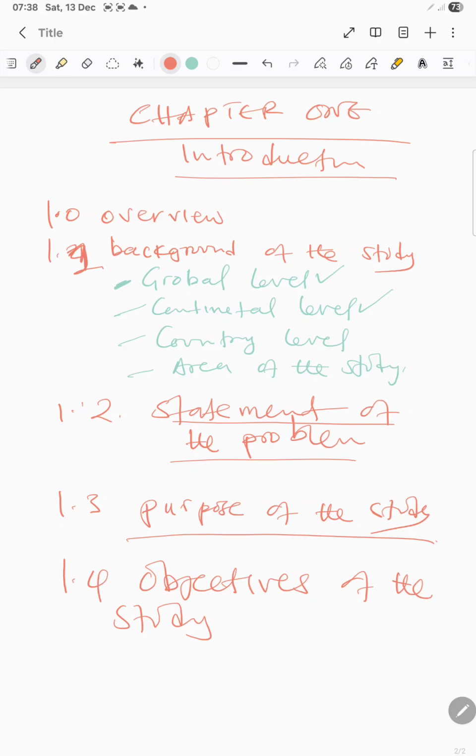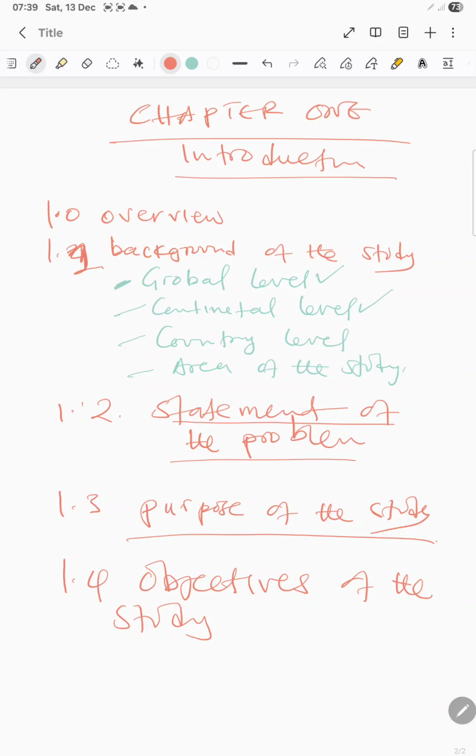Things that you are targeting to achieve at the end of the day after you write your research proposal. So what are some of the things that you would put in place that you would want to achieve at the end of the day? So that is what we call the research objectives.